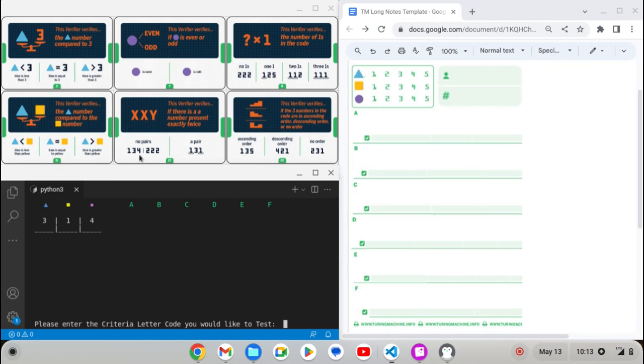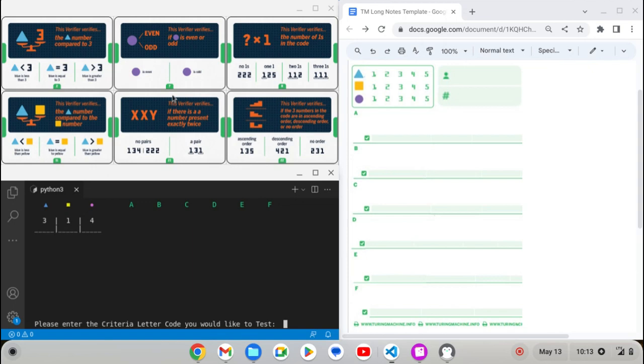Either they're all unique, as in the example 134, or they're all the same, as in the example 222. Finally, criteria F lets us know whether the digits are increasing in order, as in the example 135, or descending, like 4, 2, 1, or potentially there is no order. Remember, our objective is to find a unique 3-digit code that meets all of the criteria above.